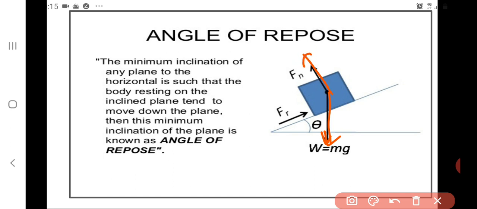So these are the two forces acting, and how this body is coming down, let's discuss that.